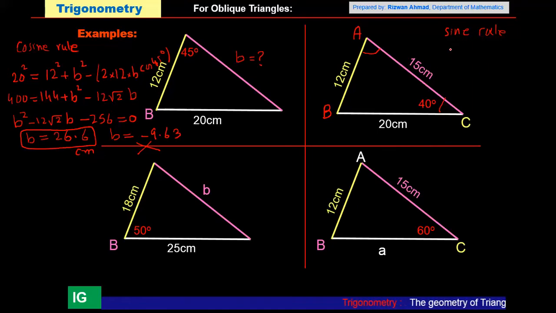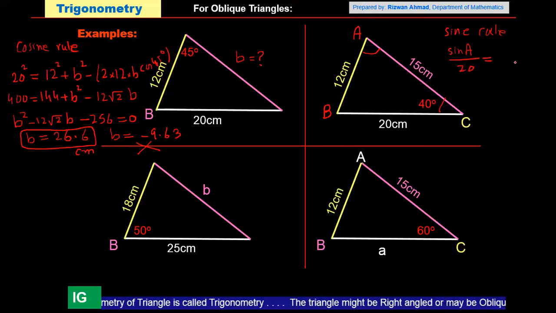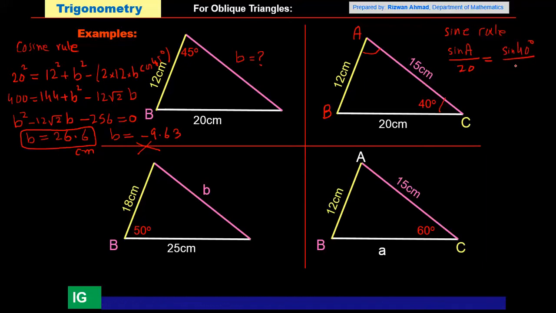So sine of A over 20 is equal to sine of 40 divided by 12. See that we used this side and this side and the corresponding angles to them. So we got this.